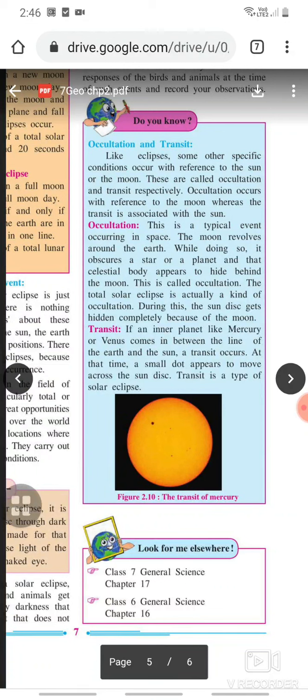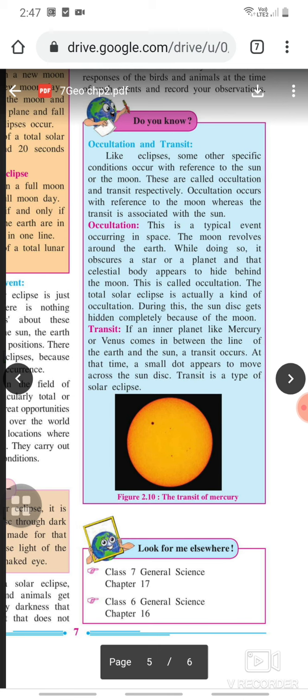Like eclipse, some other specific conditions occur with reference to the sun or the moon. These are called occultation and transit respectively. Occultation occurs with reference to the moon, whereas transit is associated with the sun. So, what is occultation? This is a typical event occurring in space.